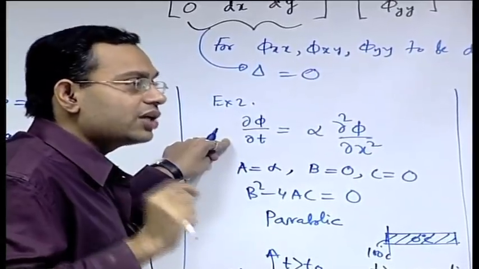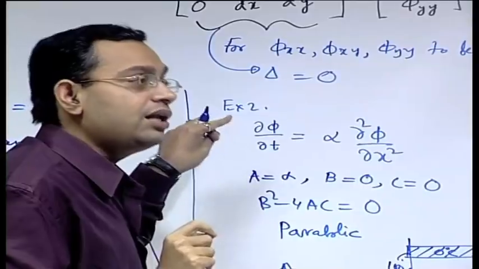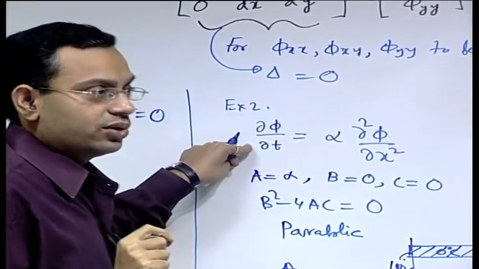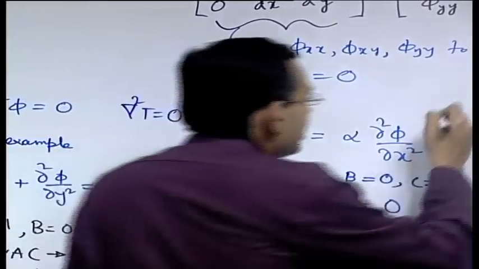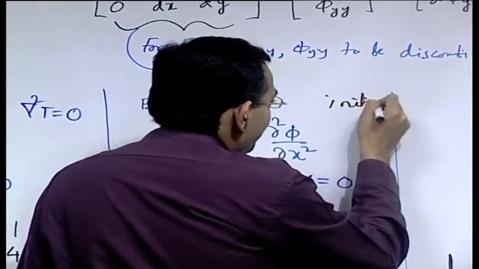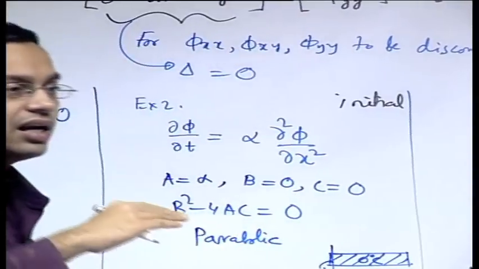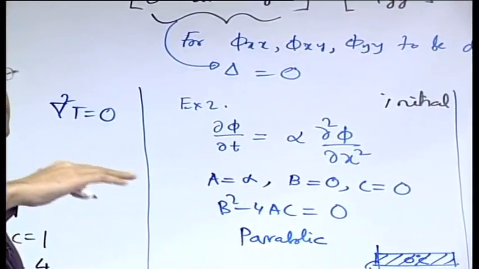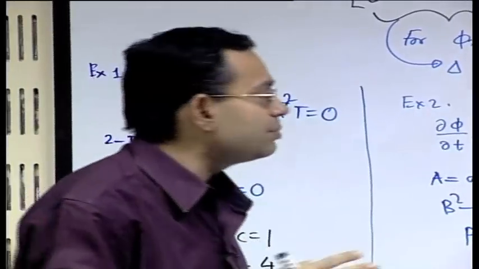A more correct way of specifying this type of equation is that it is parabolic in time and elliptic in space. It has this nature which is like an initial boundary value problem, because you have to specify the initial condition, and over and above that initial condition is the occurrence of the discontinuity because of the disturbance that is being imposed.